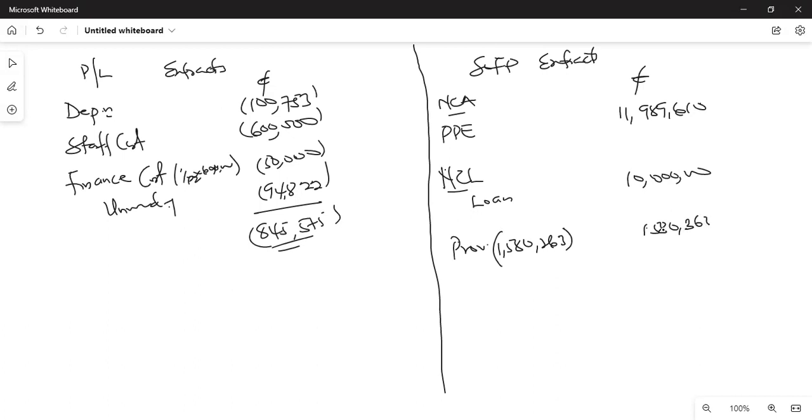And don't forget there's a current liability provision of the unwinding for the one to come in the next year, 94,822, right? The corresponding.